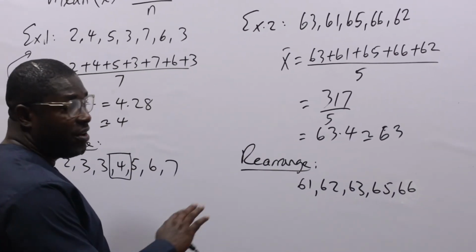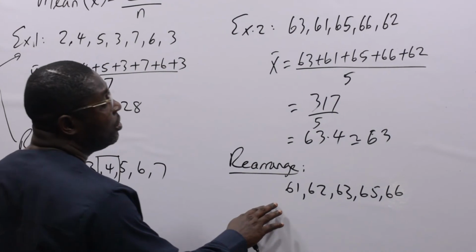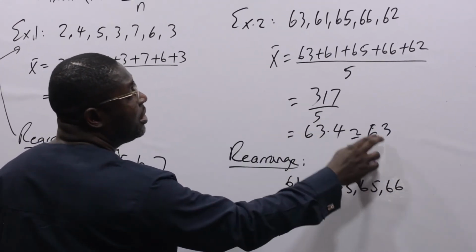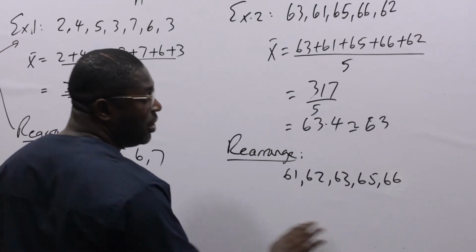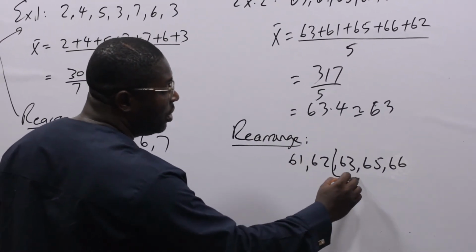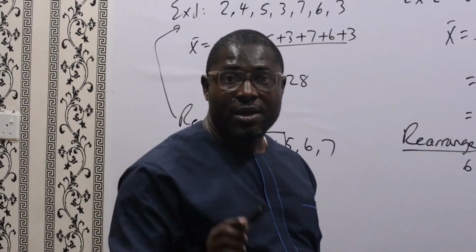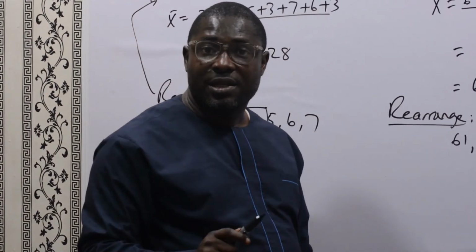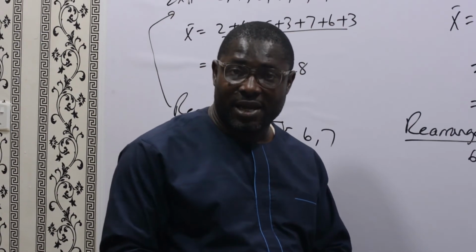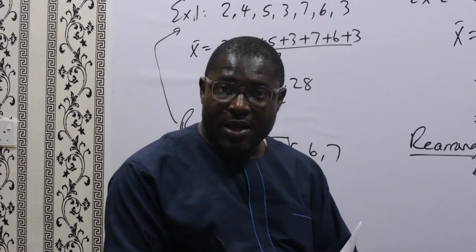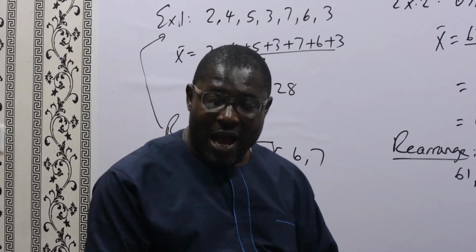We have 5 observations, and the mean is 63. By the time we rearrange this, we discover that our mean is at the center. So that's what we mean by measure of central tendency: measuring what's at the center, the popular, the common thing at the center of the distribution.